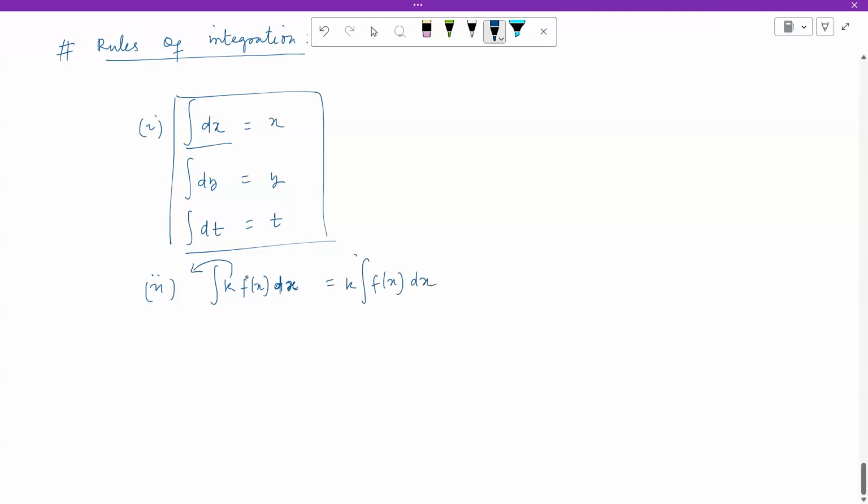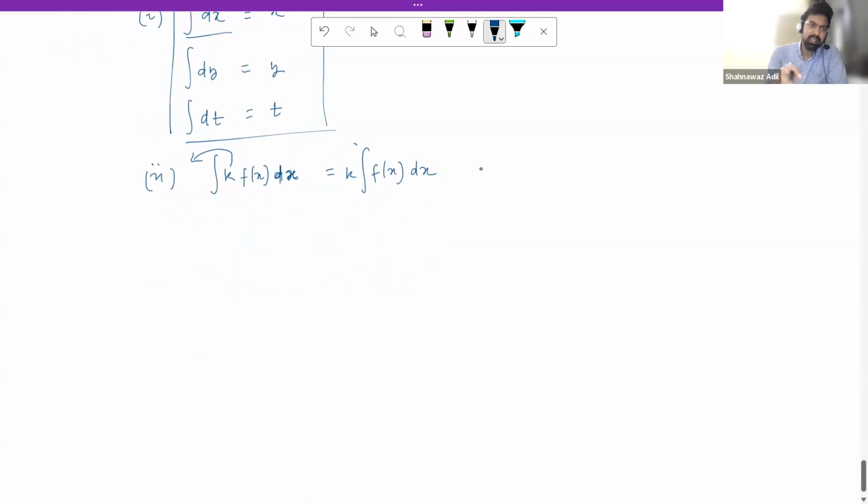This is the same as in differentiation. And then the third one is that if you have u plus v dx, then we can separately integrate both the functions, the same as in differentiation.